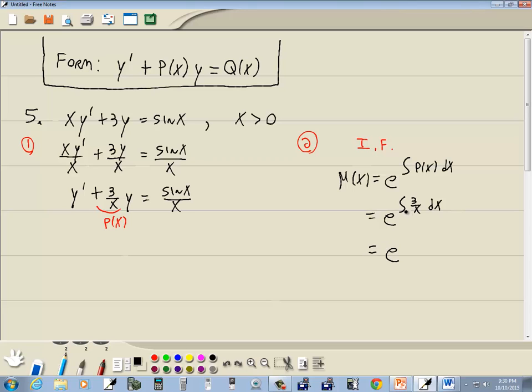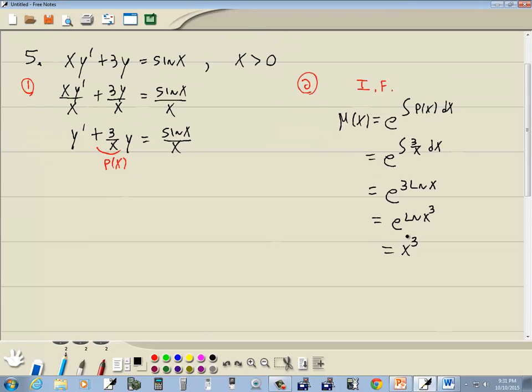Now the 3 can go out in front of the integral, so I'm not worried about it. But that would give us 3, and then the integral of 1 over x is natural log of x. Now from our properties, we know if we have a 3 out in front of our log, we can put it as a power. And then the e and the natural log are going to cancel, and so our integrating factor is x to the third.